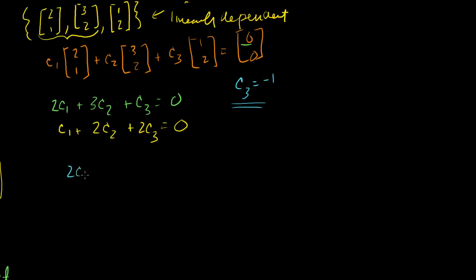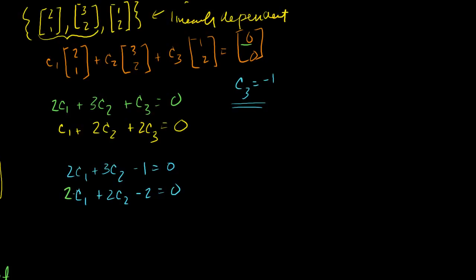You get 2c1 plus 3c2 minus 1 is equal to 0. And you get c1 plus 2c2 minus 2 is equal to 0, right? 2 times minus 1. And then what can I do here? If I multiply this second equation by 2, what do I get?